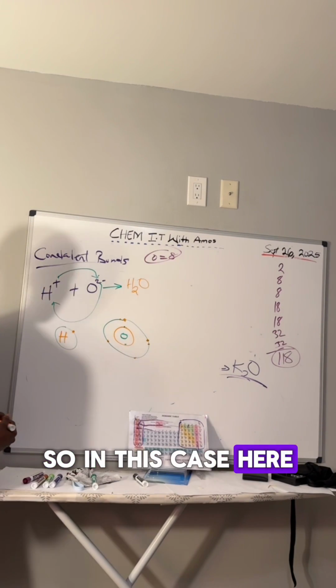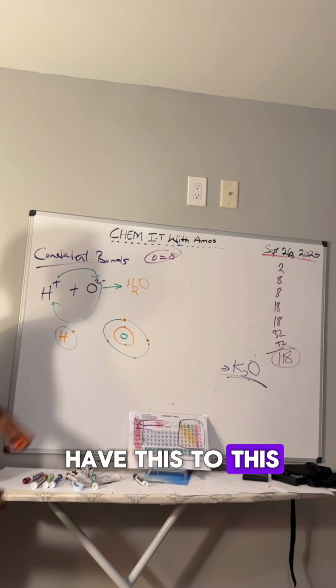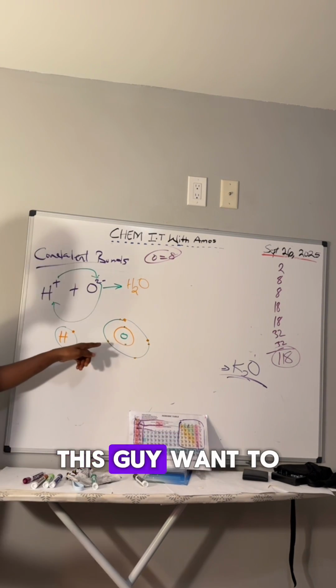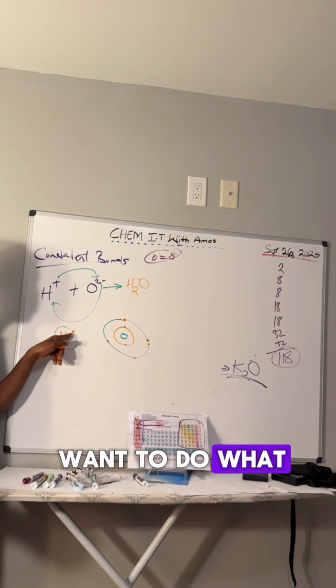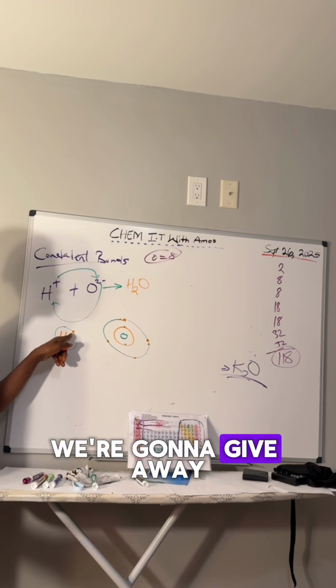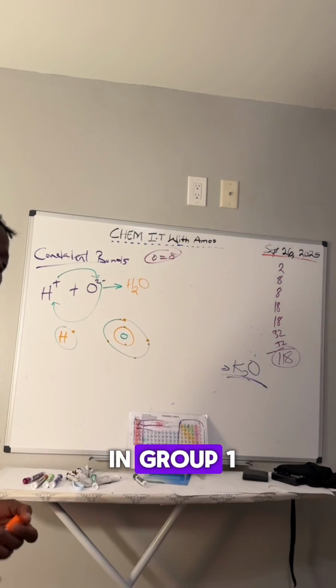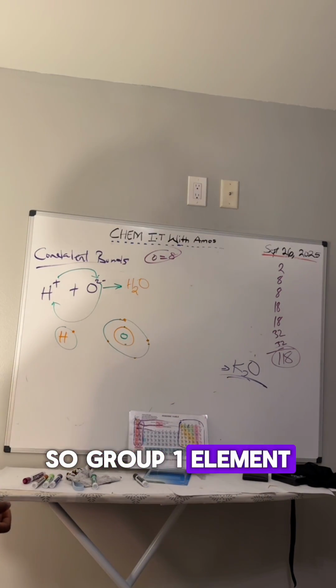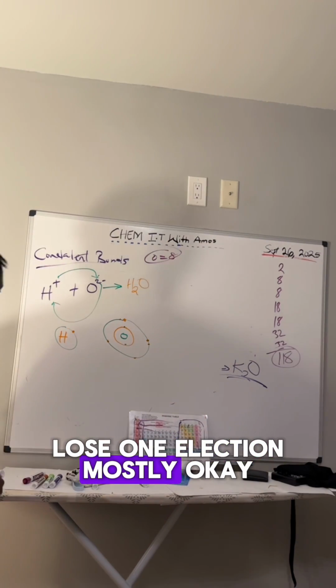So oxygen wants to obey the octet rule, right? So in this case, you have this in the structure right here. This one wants to accept 2 to make it 8. And this one here wants to do what? It wants to give away 1 electron because it's in group 1. Group 1 elements mostly want to lose 1 electron. Okay.